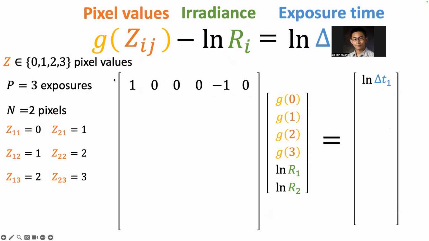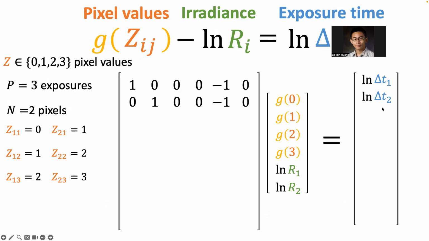Now you have a linear system of equations here. For the first pixel captured by the second camera, you can write down this one: g1 minus log R1 equals this value.